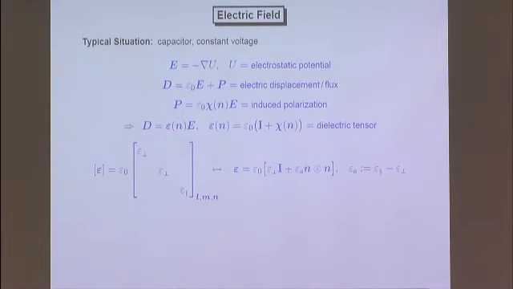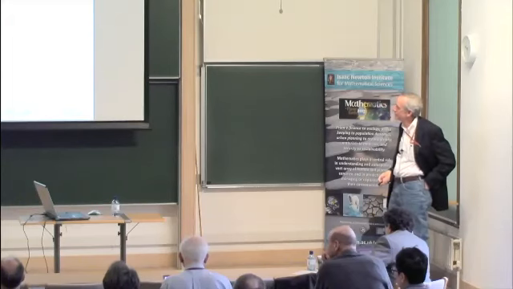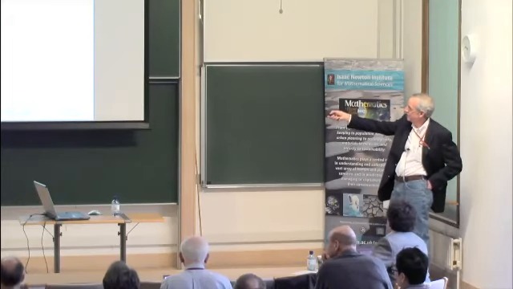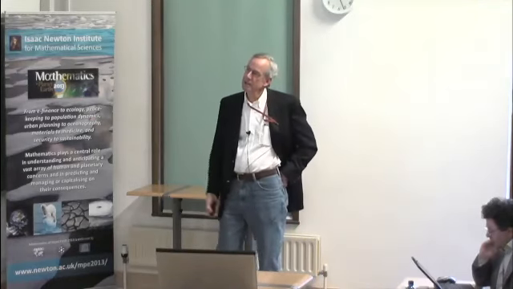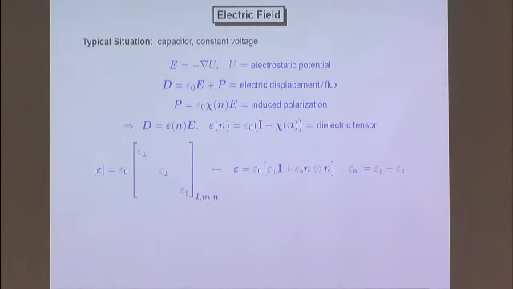In the frame of the director, or in a frame in which the director is the third frame vector, you have a uniaxial symmetry. So you just have two relative permittivities, usually referred to as epsilon perp and epsilon parallel, and this can more concisely and cleanly be written in a tensorial notation like this. The difference between epsilon parallel and epsilon perp is the dielectric anisotropy. It can be positive or negative, although the constants themselves are all strictly positive.